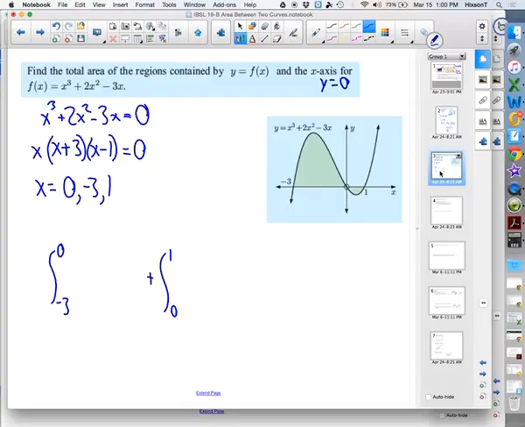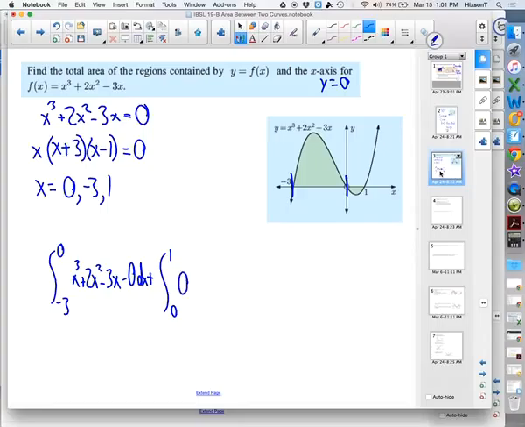So, for each interval, I need to tell which one's on top and which one's on bottom. So, in this interval, obviously the x cubed one is on the top. So, I have x cubed plus 2x squared minus 3x minus 0 dx. Alright? However, for this one, the line y equals 0 is on top. So check this out.